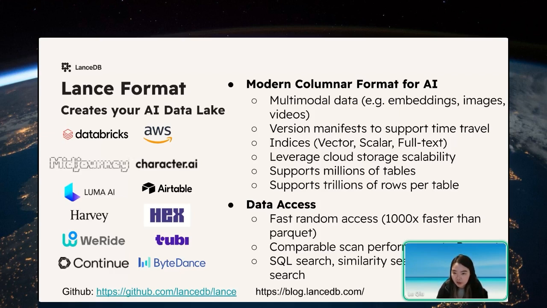And because of the cloud storage scalability and the design, we are able to support millions of tables and trillions of rows per table. There's no upper limit on how many tables and rows per table that we can support because of the design, but I put the numbers here, which are the upper numbers that we have used in production so far.